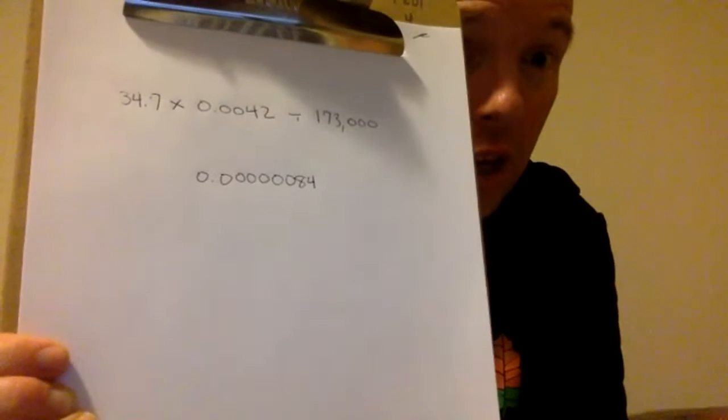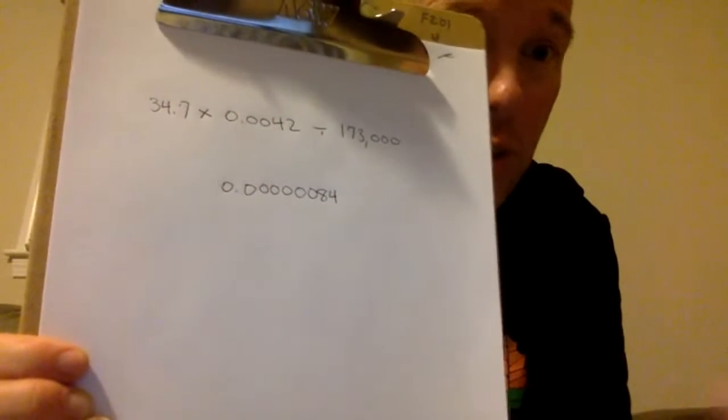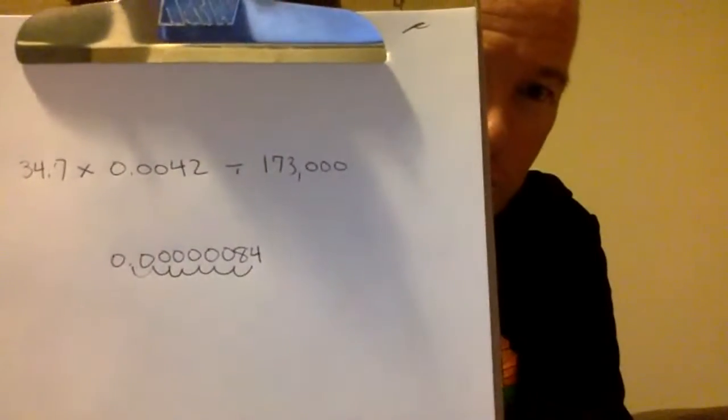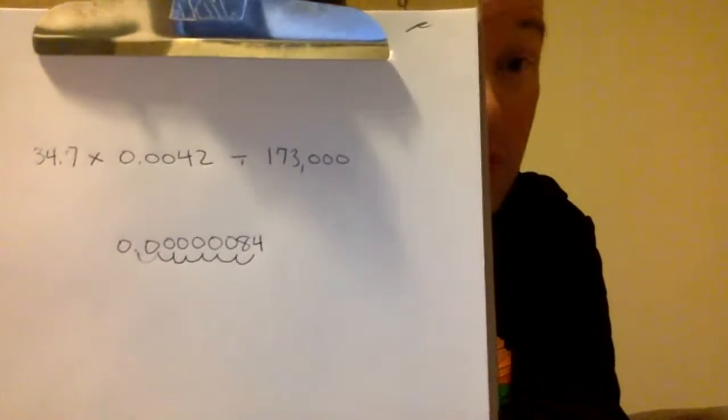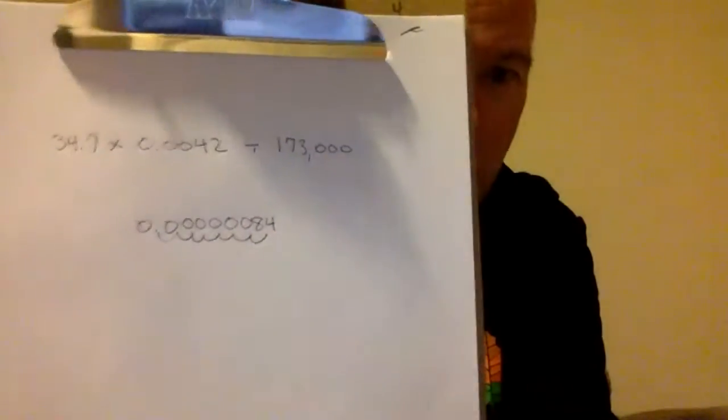So we know that the number of the exponent is going to represent the number of places we have to move the decimal point. And in this case, that is 1, 2, 3, 4, 5, 6, 7. You can see there that I've moved the decimal point 7 places to get to a base number between 1 and 10. Remember, that's an important part of scientific notation.